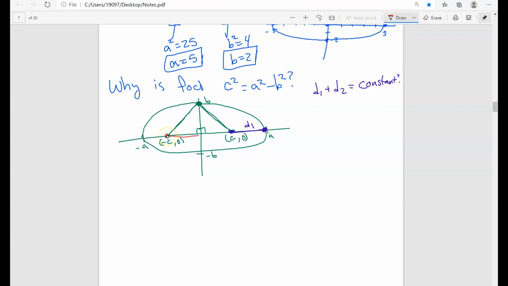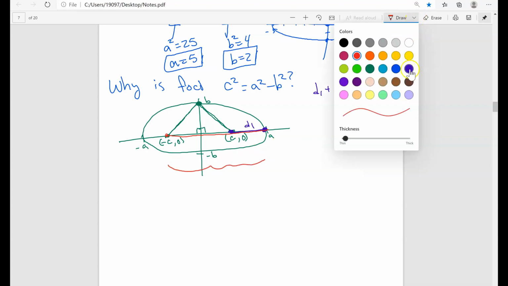It's going to be the same exact distance as this guy. Well, notice that you have this part and then this part. Well, isn't this part right here, this purple one, let me make it in purple. Okay, so we have this red part, and then you have this purple part.